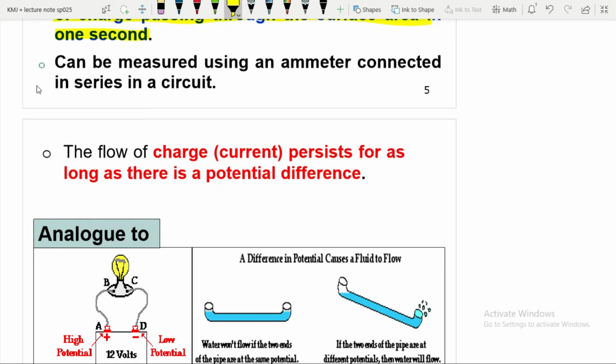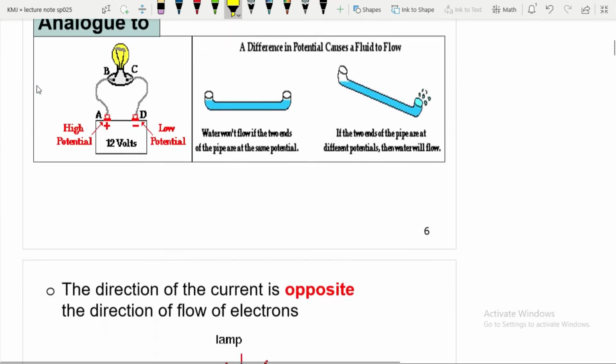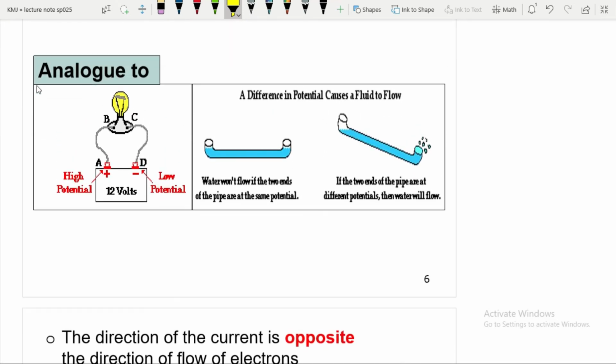The flow of charge persists for as long as there is a potential difference. Okay, so we can compare current to what? Like a liquid, a fluid in a pipe. Okay, so it is more or less the same. So what is the analogy here? If you look, when there is no potential, the potential here is gravitational potential.